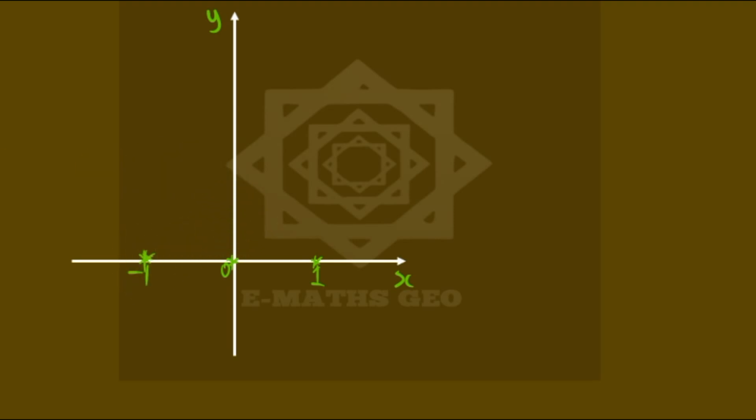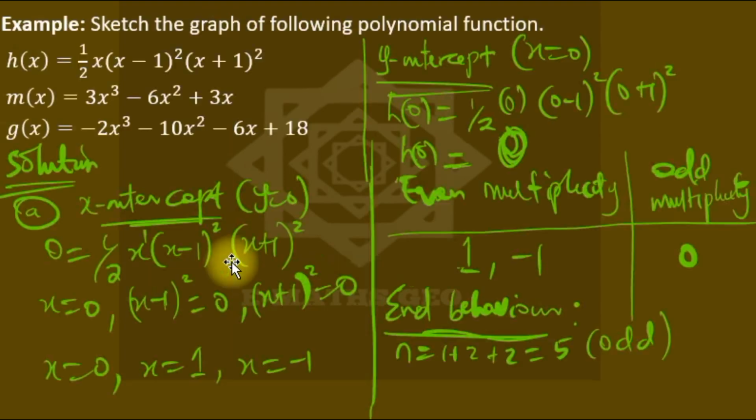So using our multiplicity, even multiplicity means that it will touch. So it will touch at 1 and minus 1, and it will cross at 0.